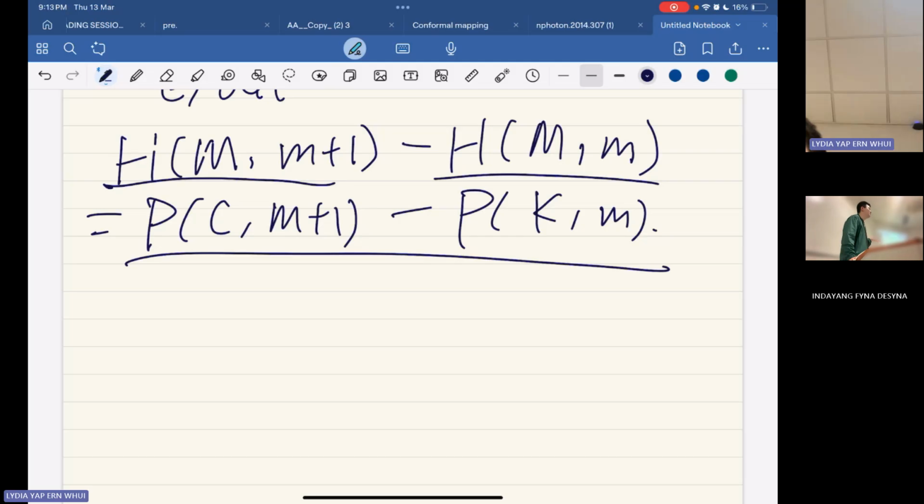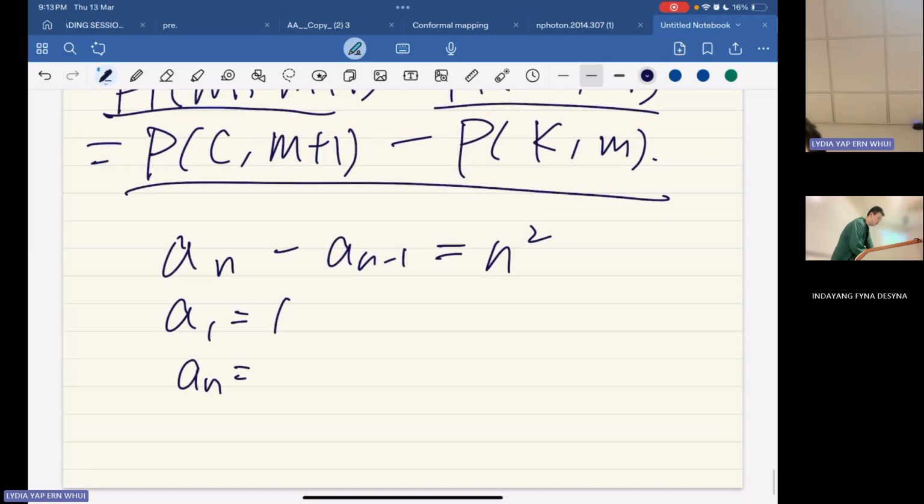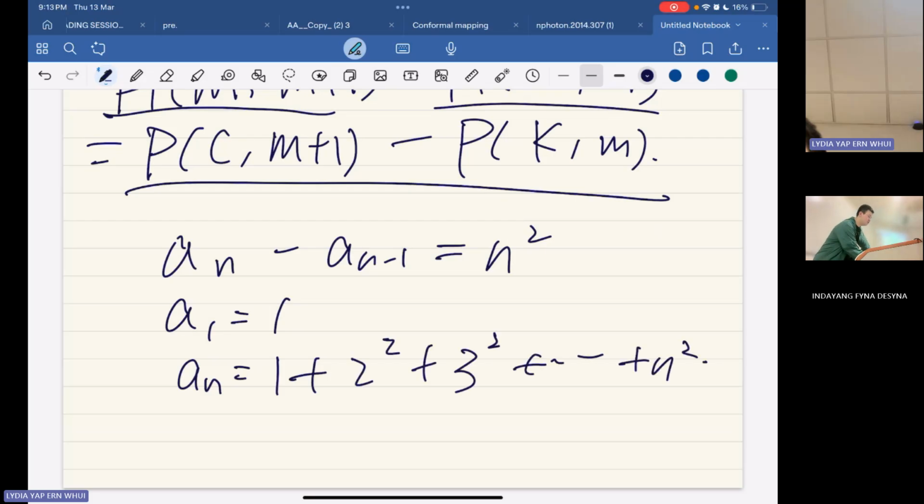A polynomial, right? I will give an example: maybe a_n minus a_(n-1) equals n squared, and a_1 equals 1. Then we can see a_n equals 1 plus 2 squared plus 3 squared up to n squared, right?